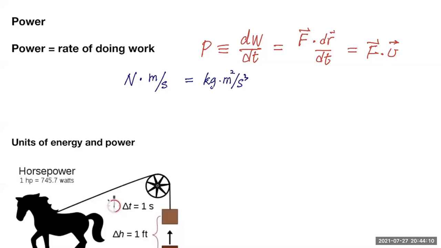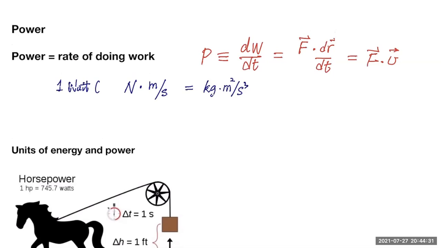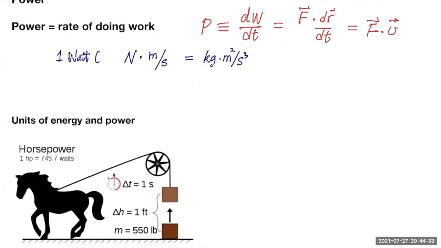Rather, we call it a watt. 1 watt, or W, is defined as 1 kilogram meter squared over second to the power 3.